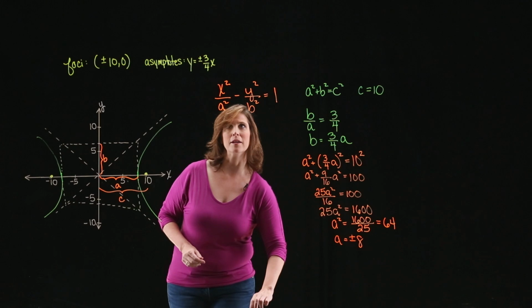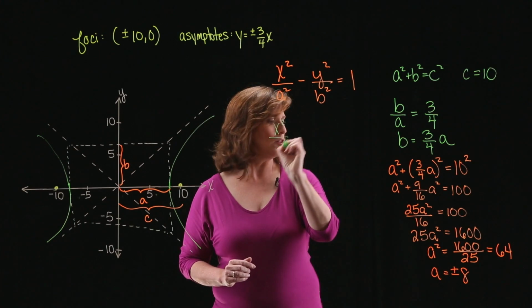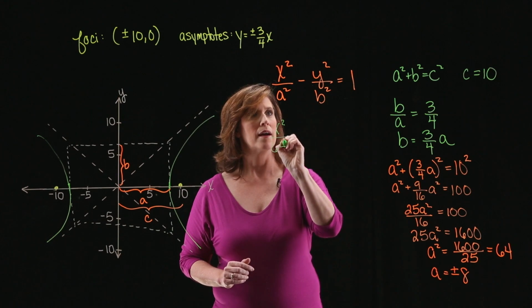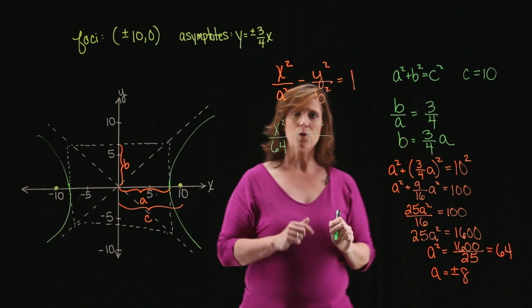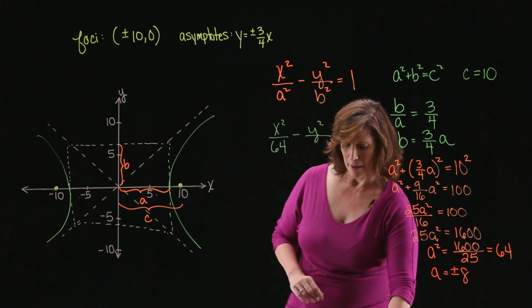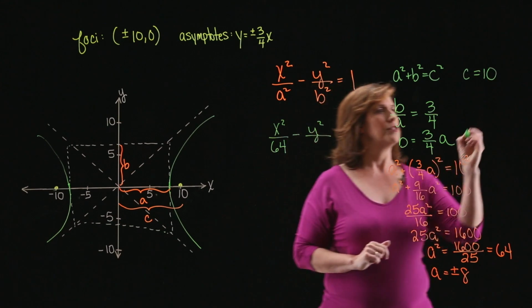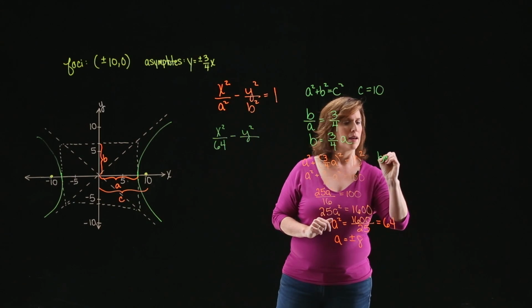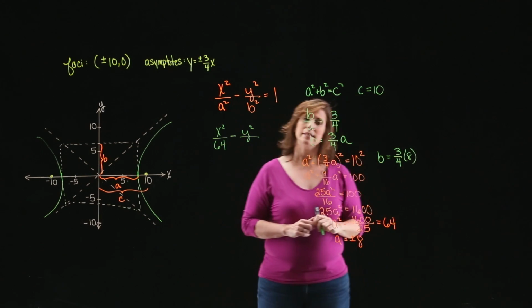So here's my formula, and I'm going to have x squared all over 64 minus y squared all over b squared. Well, I don't have b yet. But I do know, remember, that b is 3/4 a. So b is going to be 3/4 times 8.